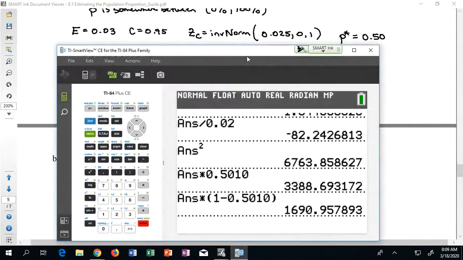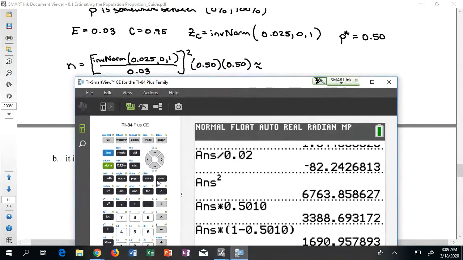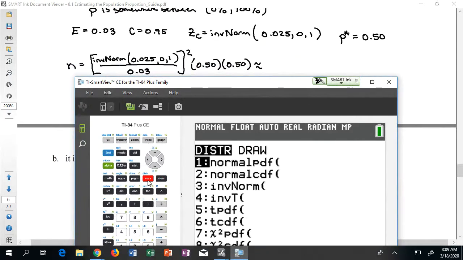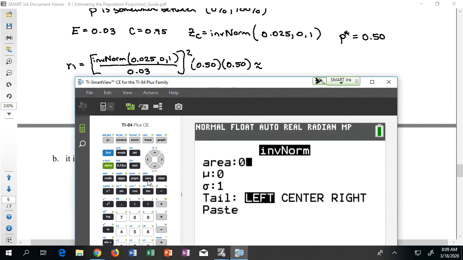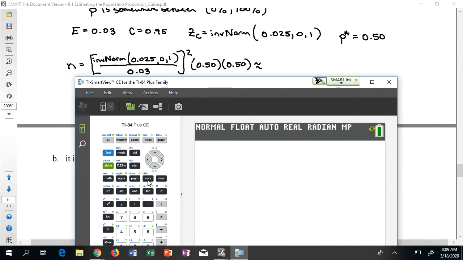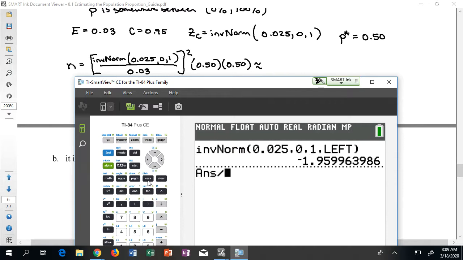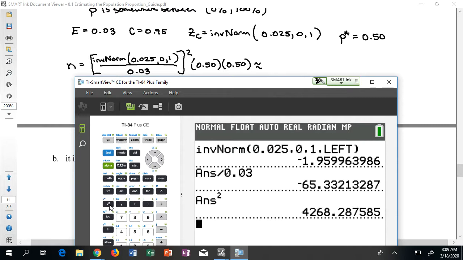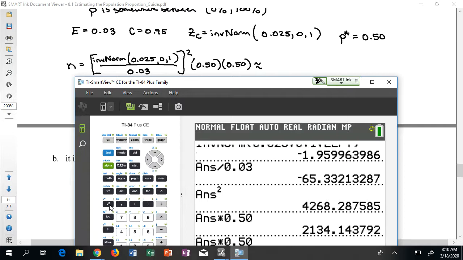I'll show you one more time how I like to do that. I'll start with my inverse norm. So 0.025, everything else stays the same. I divide that by my 0.03. I square that. I multiply by 0.5. And I multiply by 0.5 again.